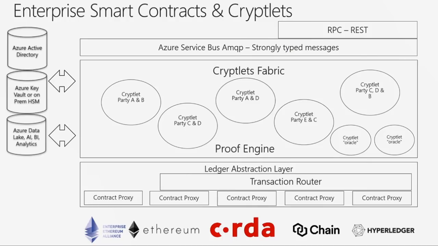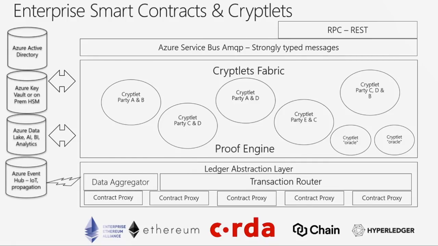And then we have data lake and AI and ML and all that good stuff. We plug that in through a data aggregator that pushes it out to, say, Event Hub, which different data sources can then pull or reason over. Also you can take events coming from Event Hub, from, say, IoT devices, and feed those into utility cryptlets.